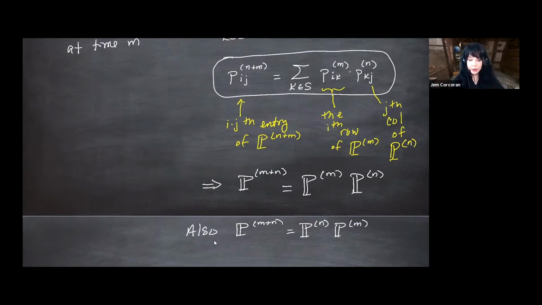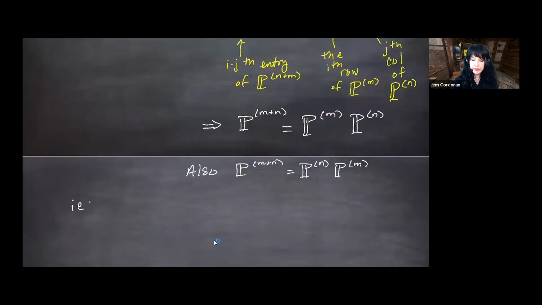And now bring it on home into powers of the original matrix. So, one example of this: first to note that this notation, this bold P with this superscript 1, is the transition matrix full of one-step probabilities.